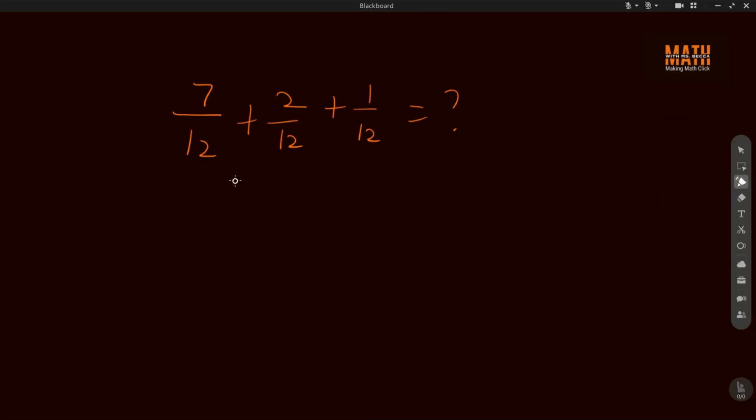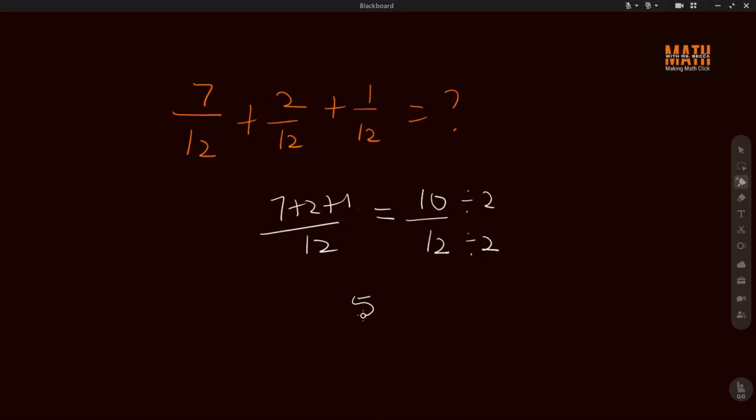Okay, this will give 7 plus 2, then plus 1 over 12. 7 plus 2 is 9, 9 plus 1 is 10. So this gives 10/12. And we can still simplify this further. So we can divide both the numerator and denominator by 2 so that we have 5/6. And this is the final answer.